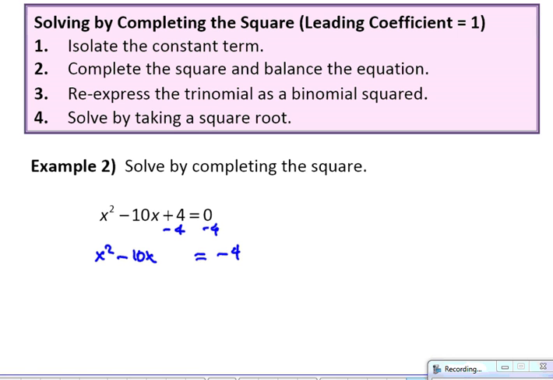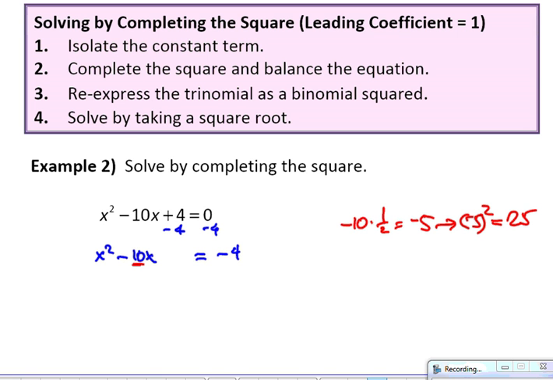The next thing I want to do is complete the square, which is what I was just doing on that previous page, and then I'm going to balance the equation by adding the same thing to the other side. My middle term here is -10, so I'm going to take half of it, get -5, and then square that, and I'll come up with 25.